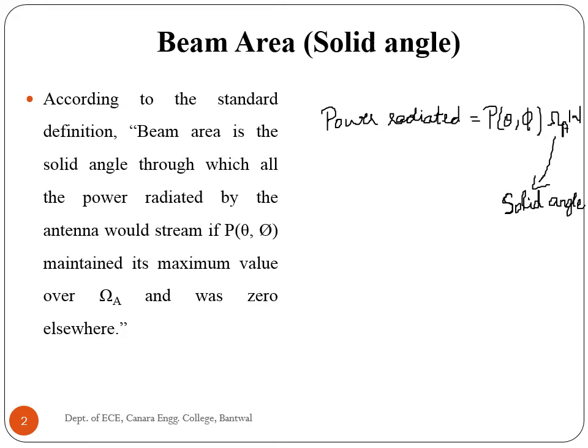Beam angle is a set of angles between the half power points of the main lobe. Therefore, beam area is given by the integral of the normalized power pattern over a sphere.